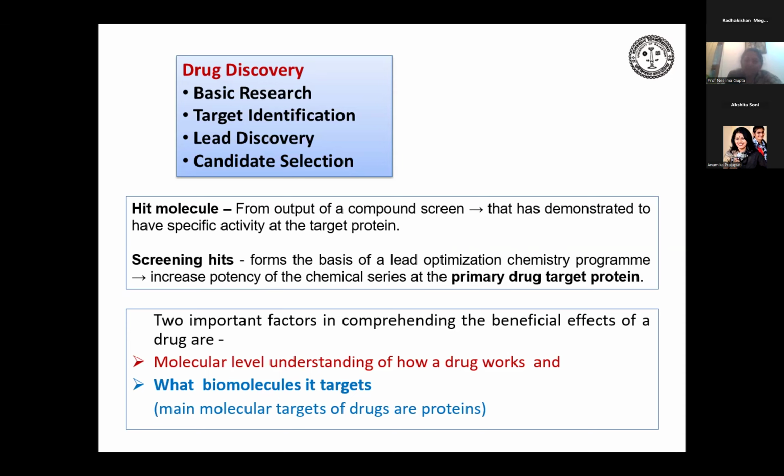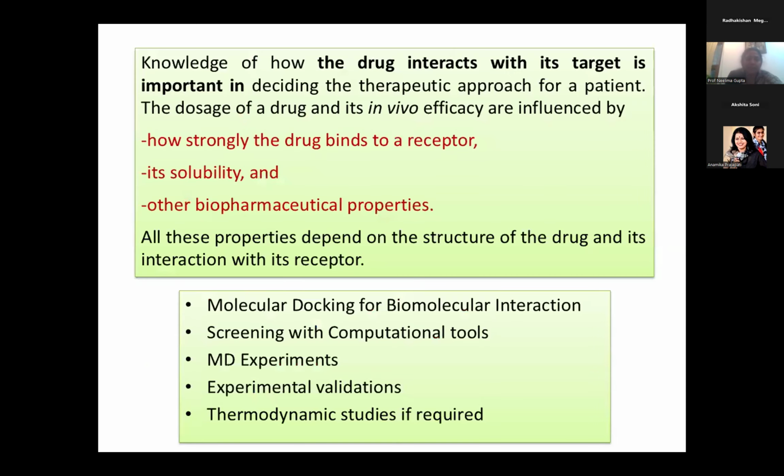Once the target is identified, we have to collect knowledge about how the drug works in our body. For that, we need some insight into how the drug interacts with its target, because it is very important in deciding the therapeutic approach for a patient.